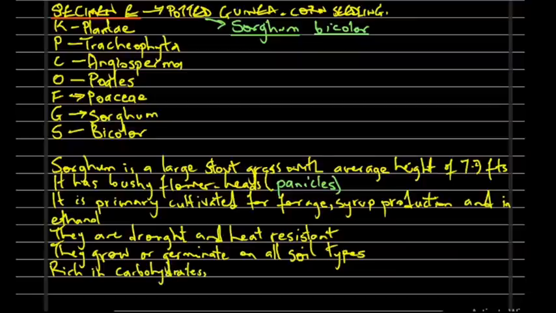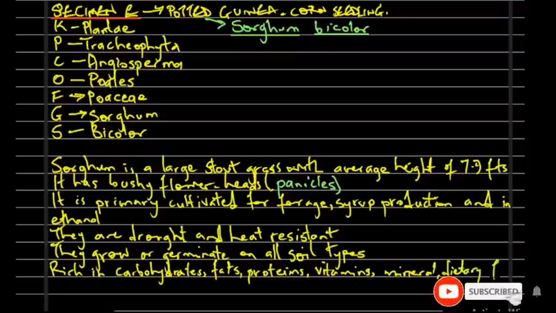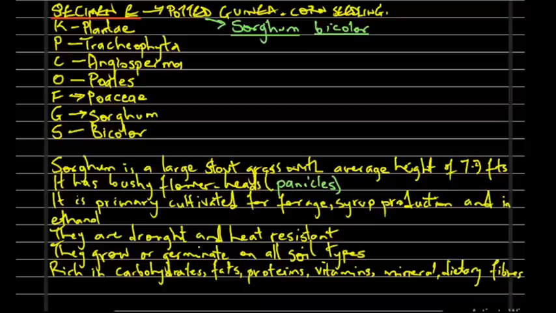We have fats, proteins, vitamins, minerals. So this particular crop is very, very rich. It also has dietary fibers as well. So these are some of the things that we have in sorghum.